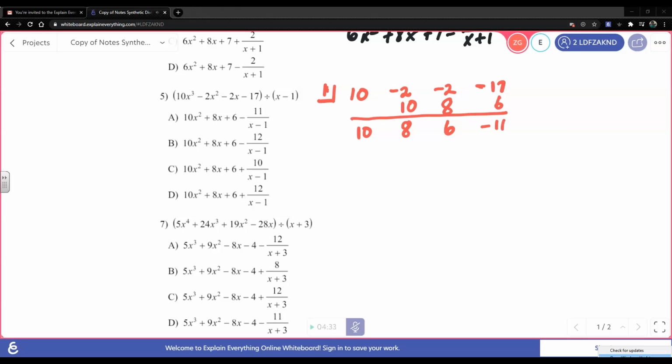So remember that the highest power was 3. So we're going to start with the coefficient 10, x to the second power minus 8x plus 6 minus 11. And then what you're dividing by is x minus 1.